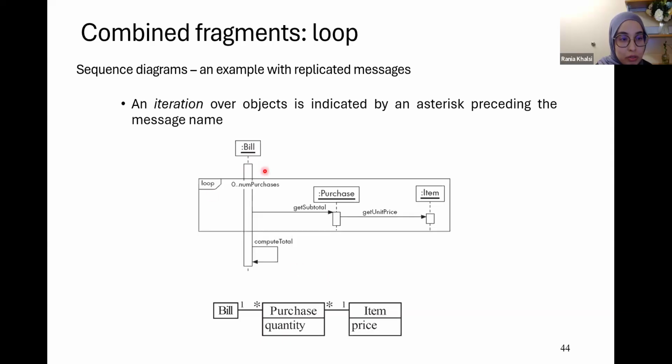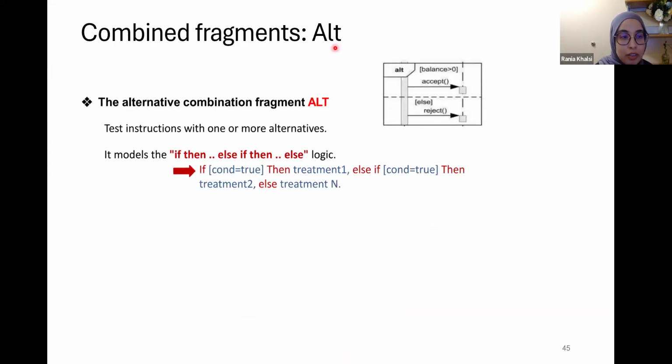Here we have the counter number of purchases. So it's possible to specify this loop box in your sequence diagram to make it more detailed.